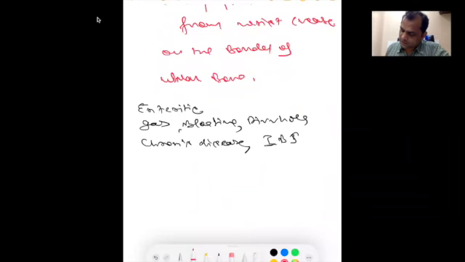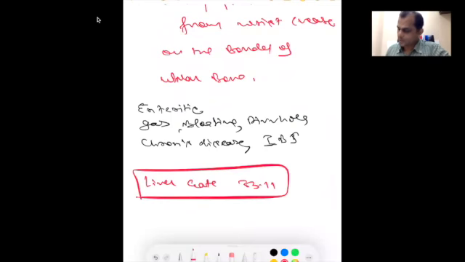The second point is called Liver Gate, or 33.11. Again, 3 tune proximal.